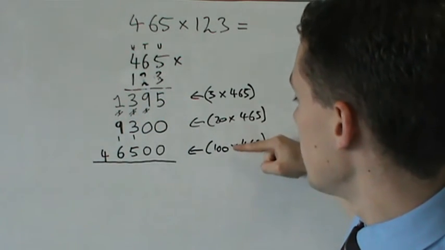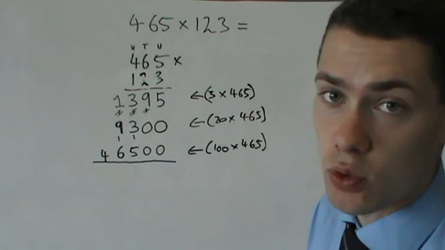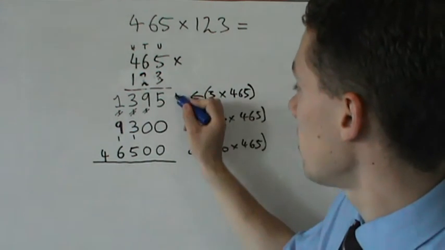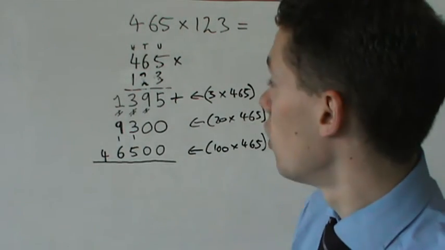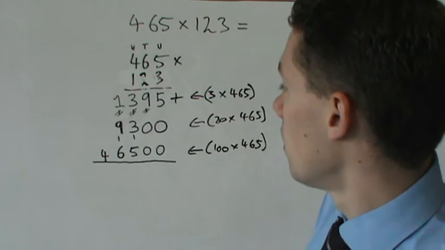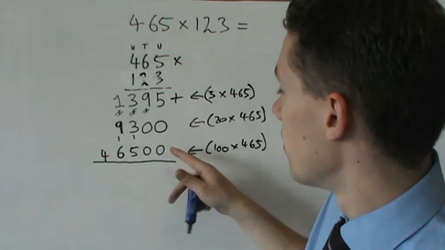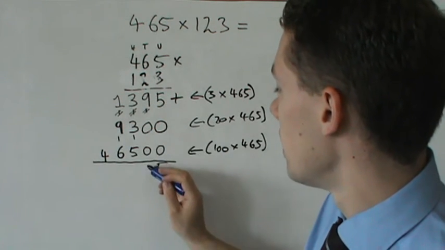So I add these 3 together. 100 plus 20 plus 3 makes 123. So I want to add all these 3 answers together to get 123 lots of 465. So I'm going to add these together now. 5 plus 0 is 5. 9 plus 0 is 9.